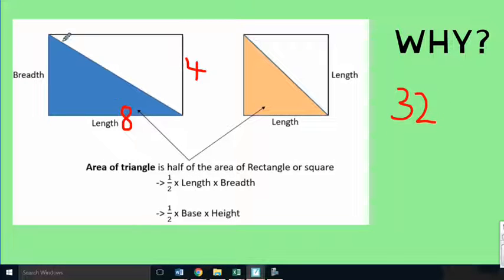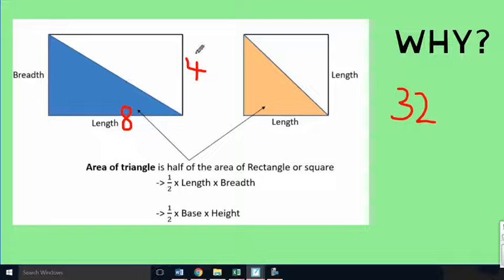As you can see, the triangle here is half shaded. It's half of the rectangle shaded in. If you cut that rectangle in half, that's what you get. You get this triangle. So you just half your answer.